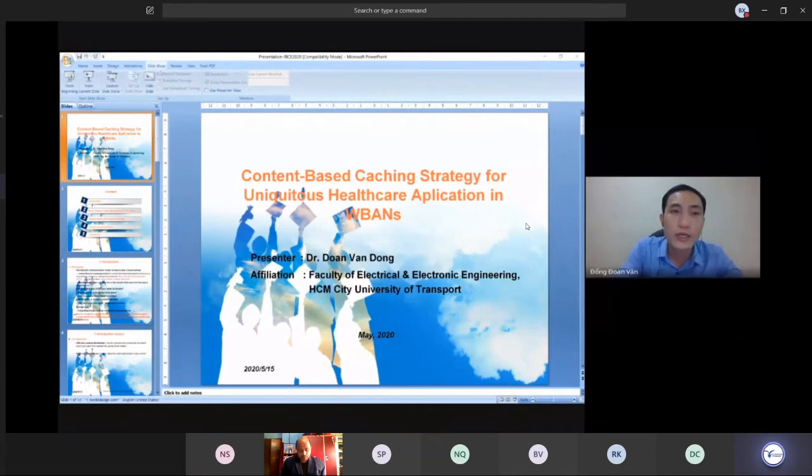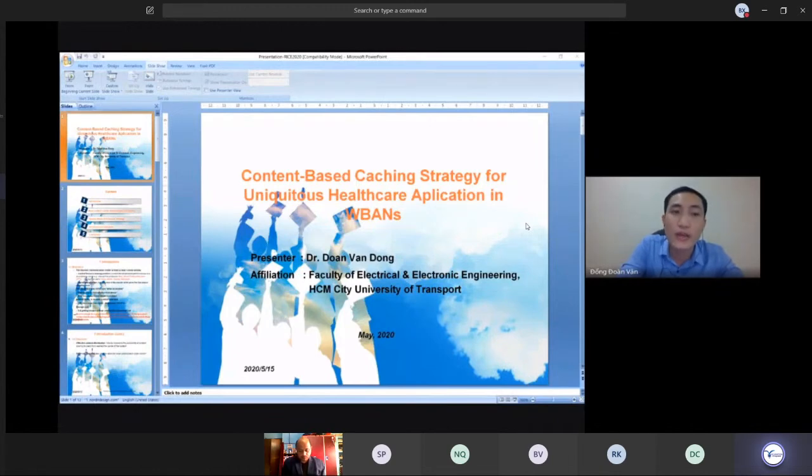So finally, the conclusion. In the proposed approach, we utilize content-based techniques to retain the most valuable content, or retain the valid data, in the storage and to increase caching decision efficiency.